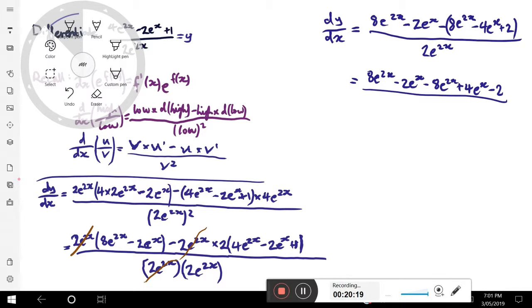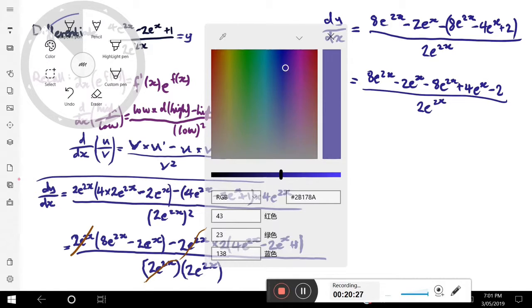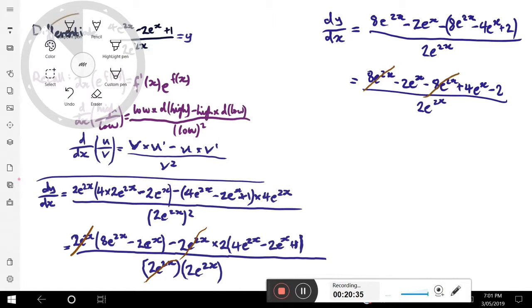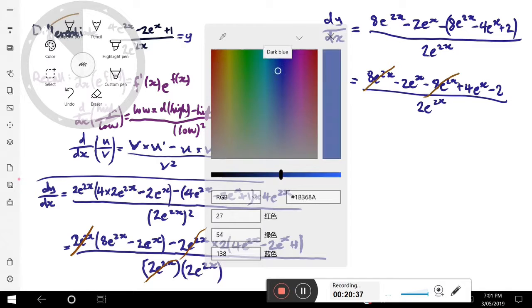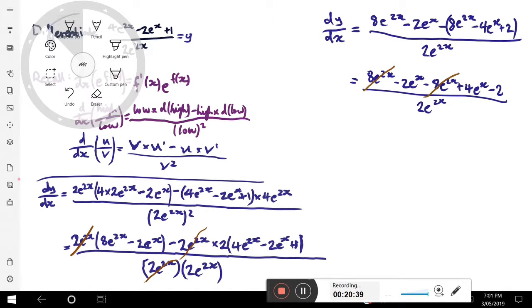And this whole thing, once again, over 2e to 2x. Now, you probably already noticed by now that you can cancel out the 8e to the 2x with that one. And then what we'll do is collect like terms.